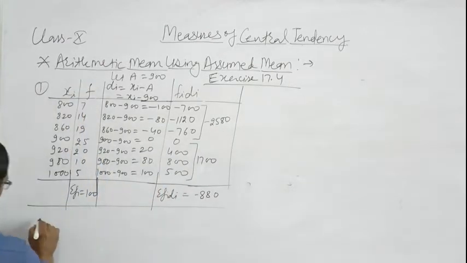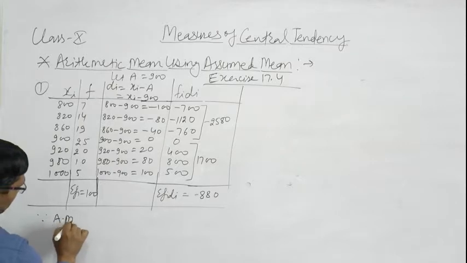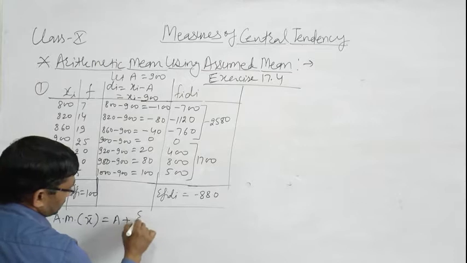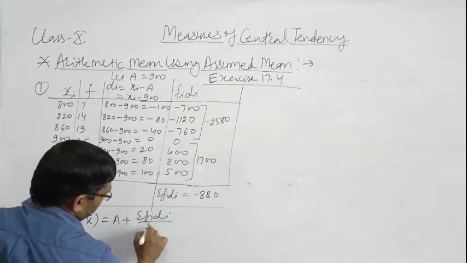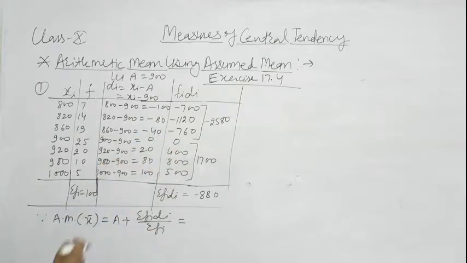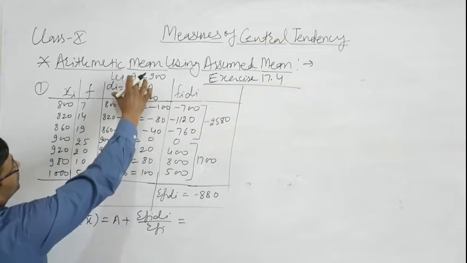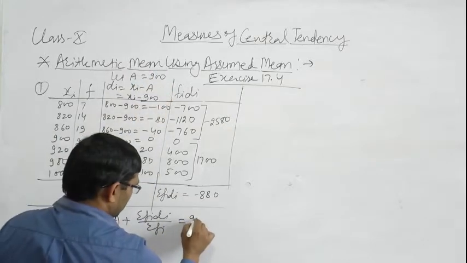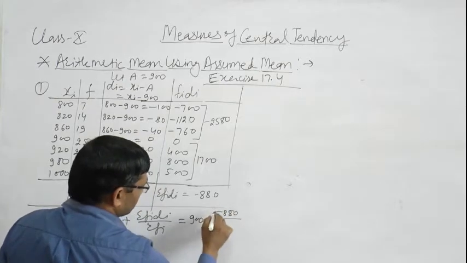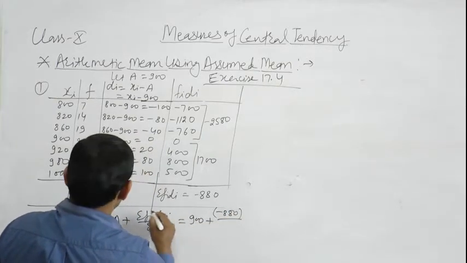Because arithmetic mean x bar is equal to a plus sigma fi di upon sigma fi. Here a, the assumed mean, is 900, plus sigma fi di is minus 880, upon sigma fi.